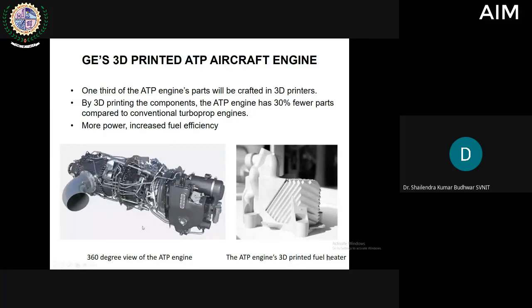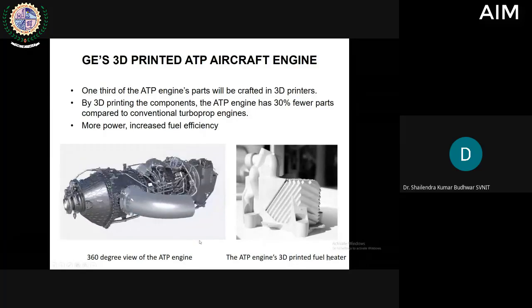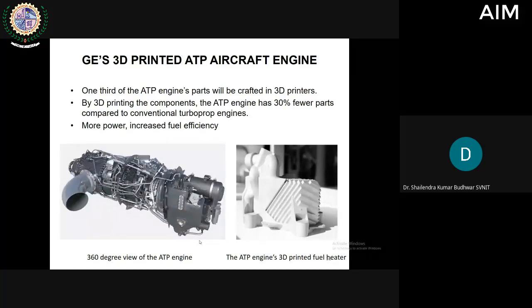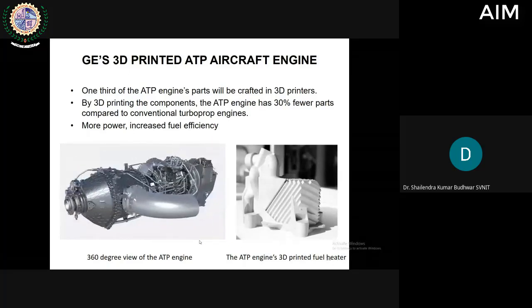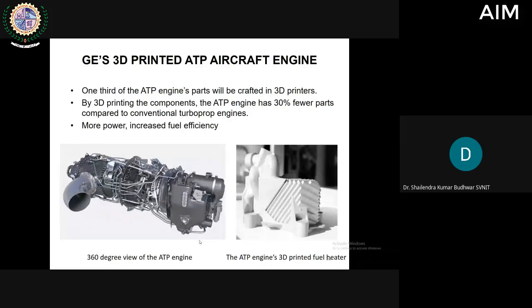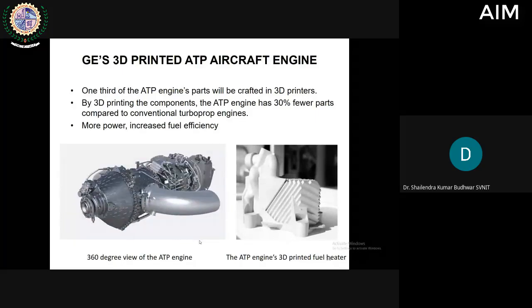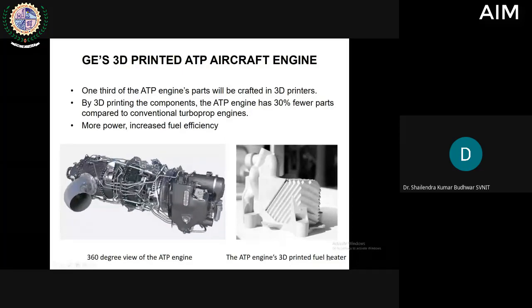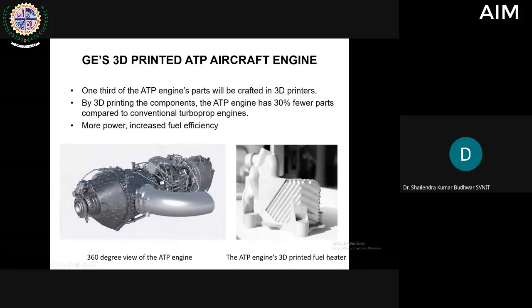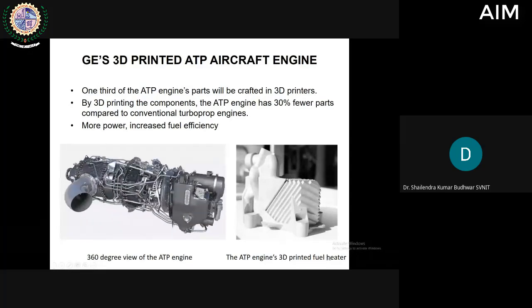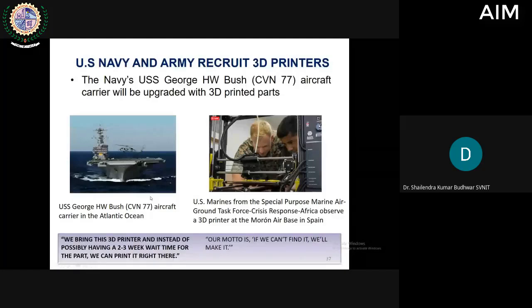In conventional manufacturing, we need to manufacture all these parts separately and then we need to assemble these parts. But by using 3D printing technique, the number of parts is reduced by 30%, and more power and increased fuel efficiency. It was observed that this type of 3D printed engine has more power and increased fuel efficiency.